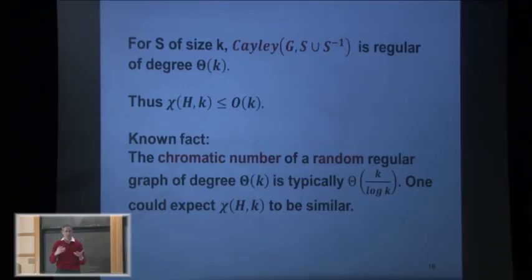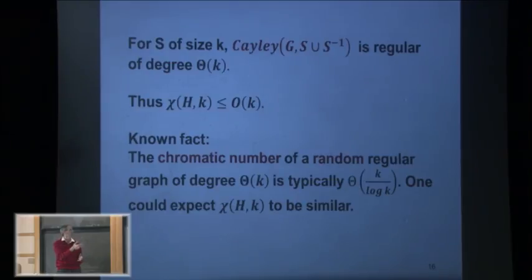Because it depends how many of the random elements were inverses of themselves, or maybe we chose them and we chose the inverse as well. And it also depends maybe on whether we take the random set S with replacement or without replacement, but basically it's a regular graph of degree which is constant k.